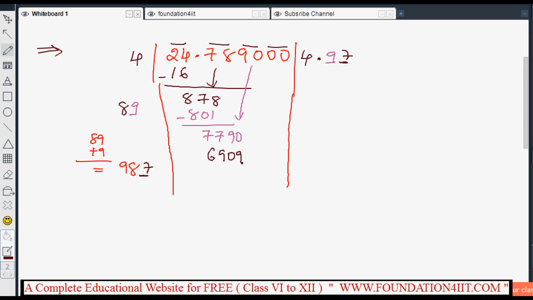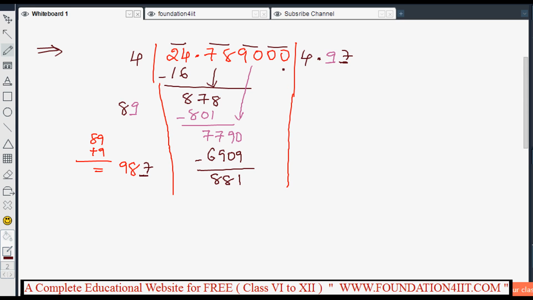I am using a calculator here. Now subtract, carry, 10 minus 198.